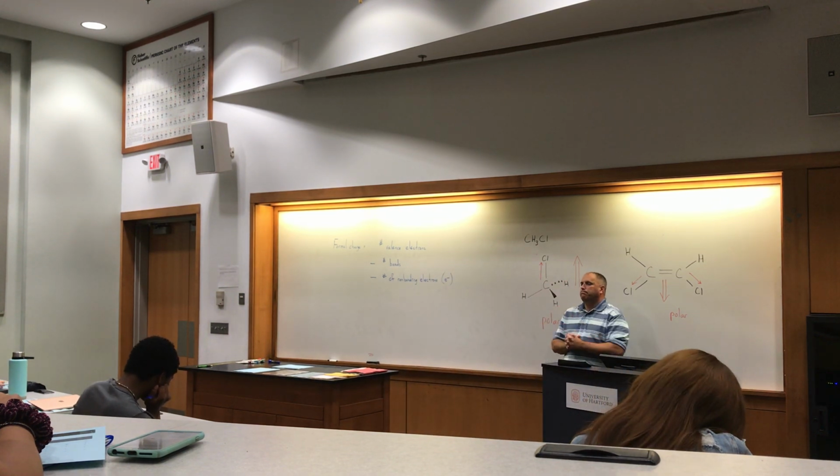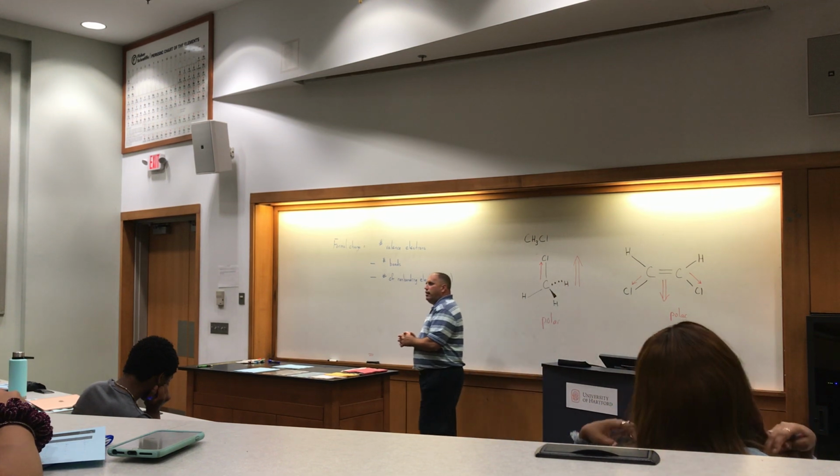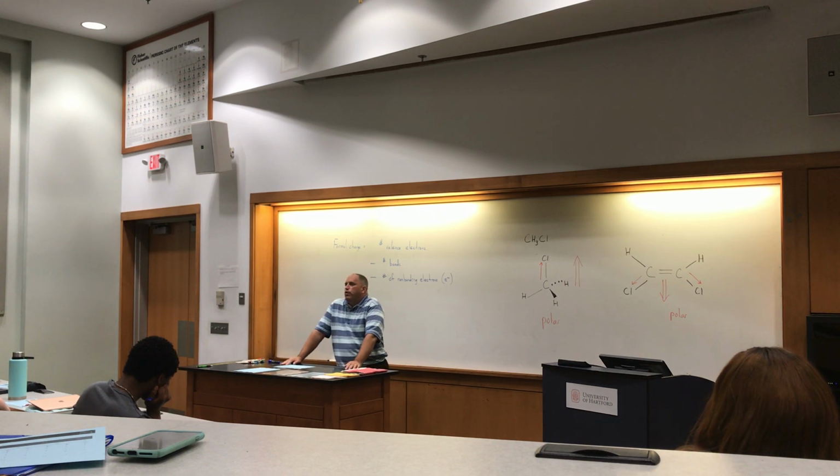Yes, ma'am? Sorry, how do we know that they're not assuming that we're assuming that there's lone pairs there? Because we will make every effort normally to draw in lone pairs, and indicate that we don't normally expect carbon to have lone pairs. So if carbon did have lone pairs, we draw them in.